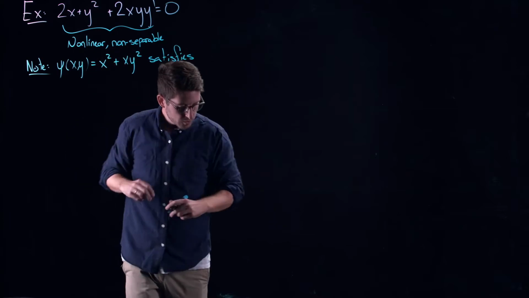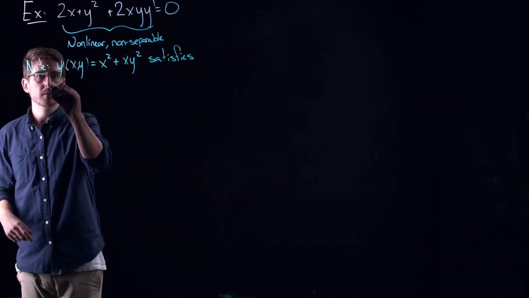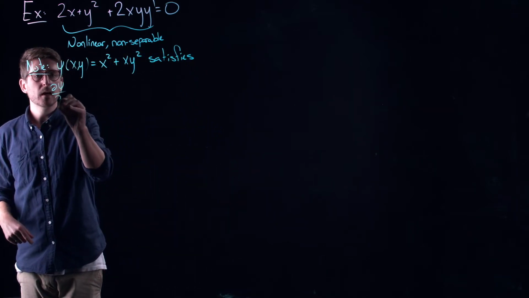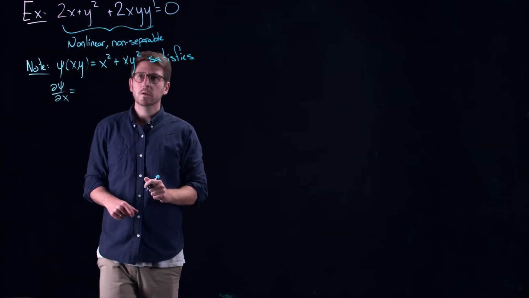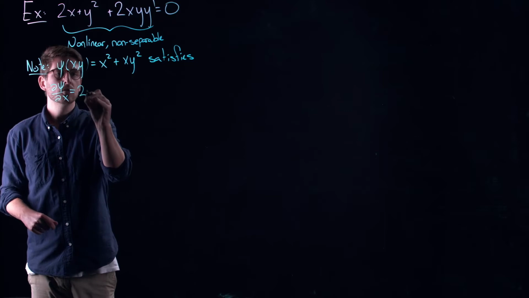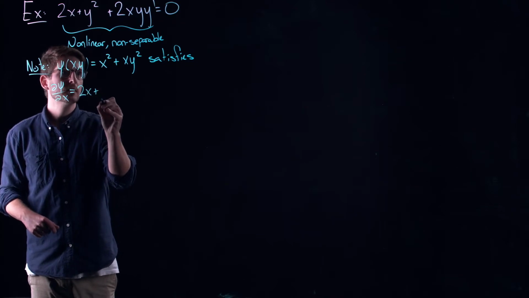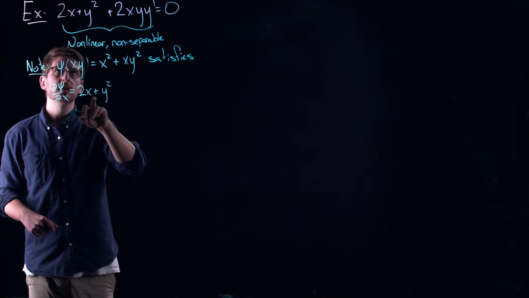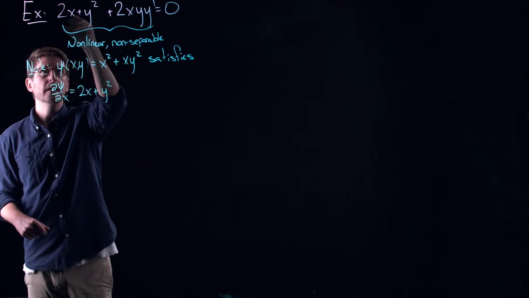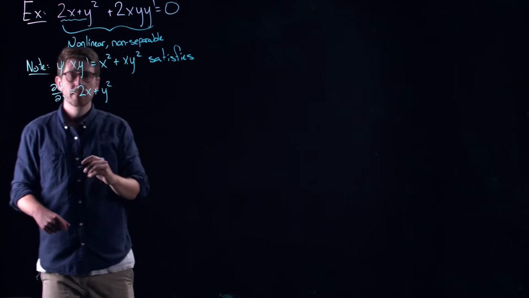Bear with me though, I want to show you why this function is interesting to me. If I take a partial derivative of this function, what does it look like? 2x plus y squared. That kind of looks familiar, doesn't it? That looks like this thing right here.